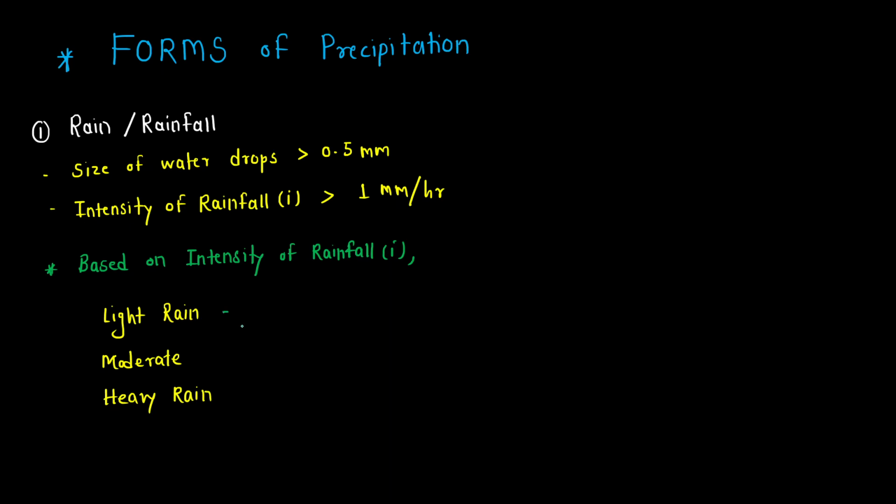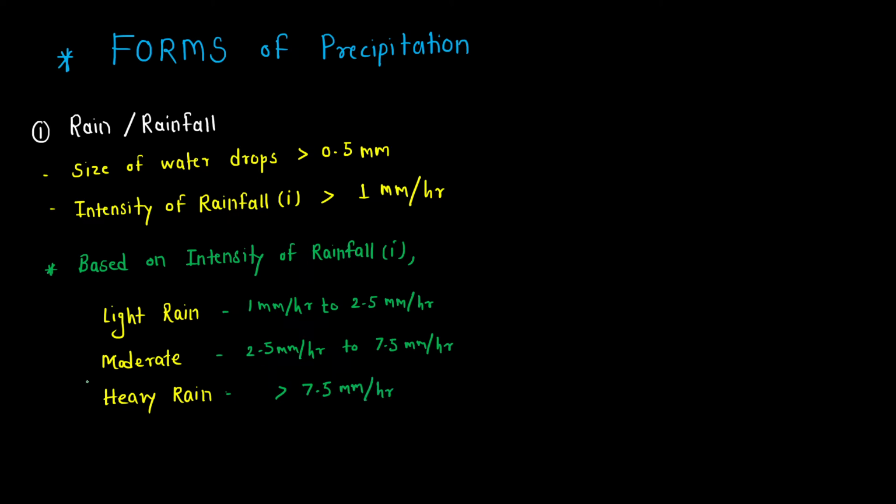The light rain has an intensity between 1 mm per hour to 2.5 mm per hour. Then the moderate rain has 2.5 mm per hour to 7.5 mm per hour. And the heavy rain has an intensity greater than 7.5 mm per hour.